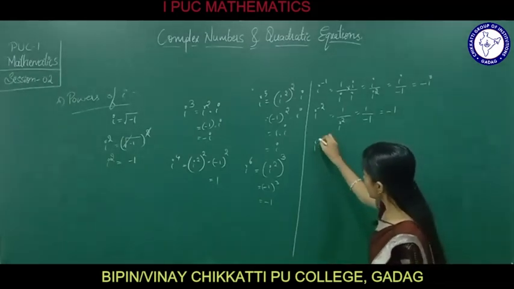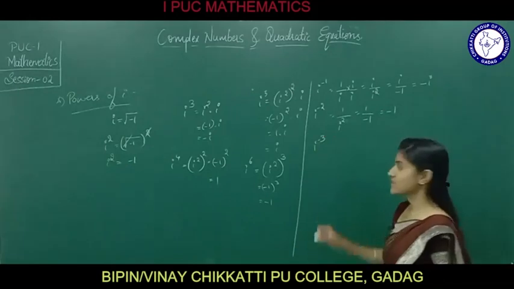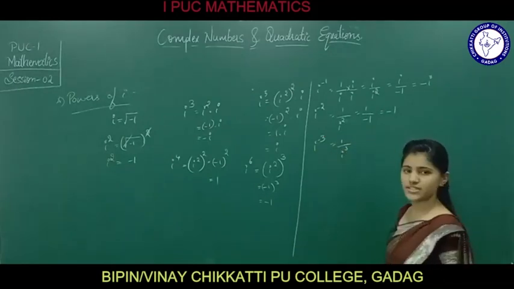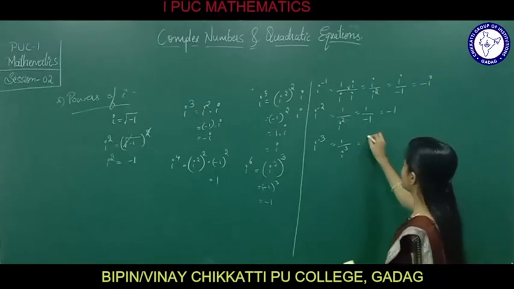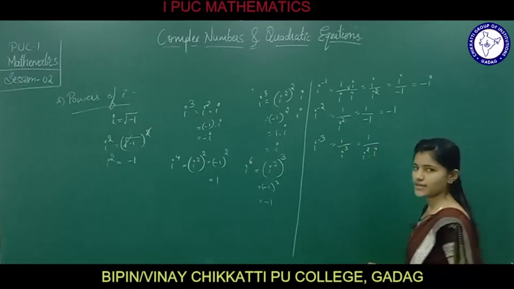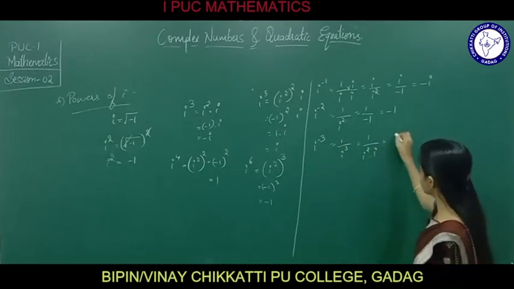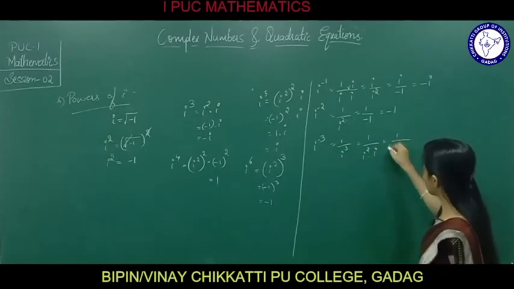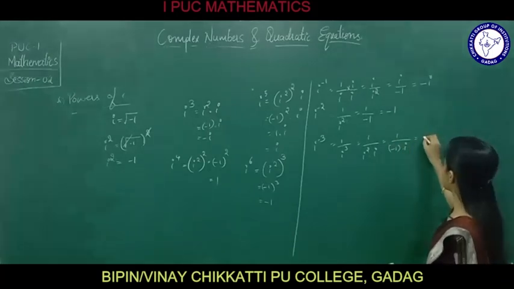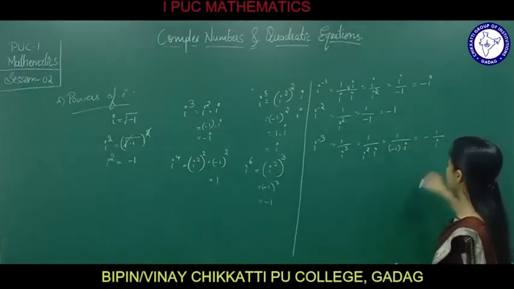What about i raised to -3? We can write it as 1 divided by i raised to 3, nothing but 1 divided by i square into i. Then we are going to get it as 1 divided by -1 into i, which is nothing but -1 divided by i.